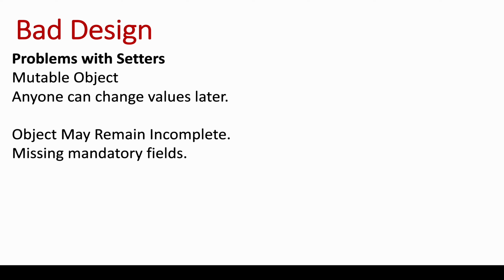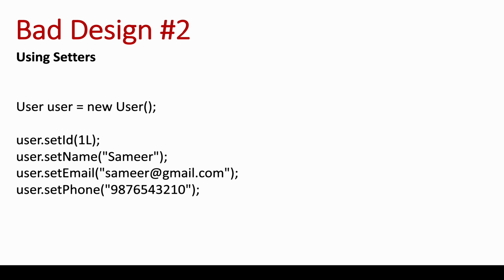Exactly, we are creating a mutable object whose values can be changed later, so this is not immutable at all, and the object may remain incomplete. We may miss any mandatory field while setting these fields. So this is again not a good approach. We have seen two bad designs.